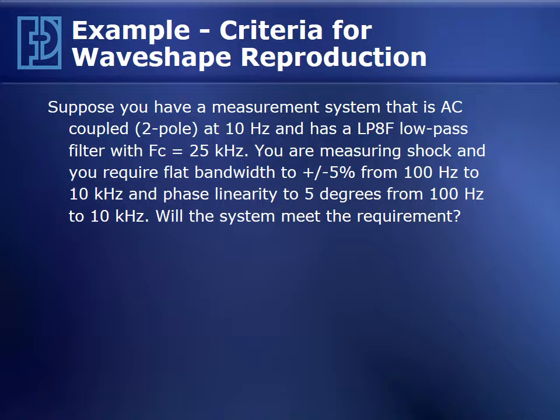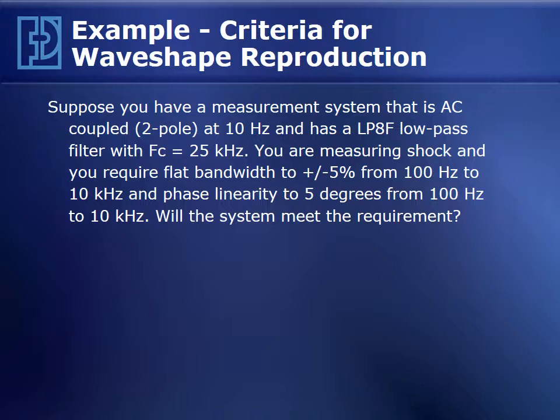Suppose we have a measurement system that has a 2-pole AC coupled input at 10 Hertz, meaning it's going to block frequency content in our input waveform at 10 Hertz and below. And then we've got an 8-pole flat mode LP8F precision low pass filter, and its cutoff is set to 25 kilohertz.